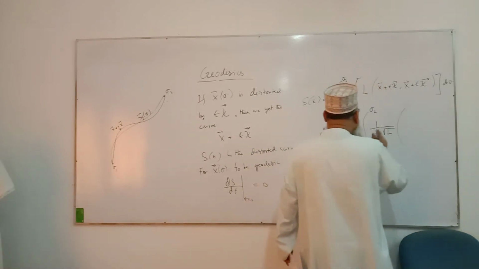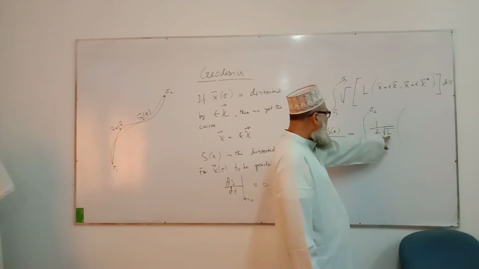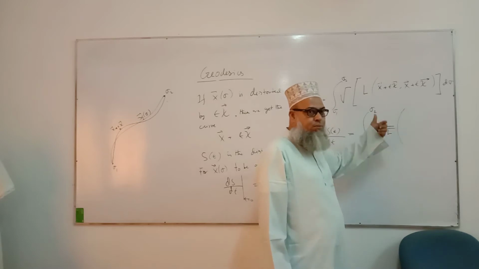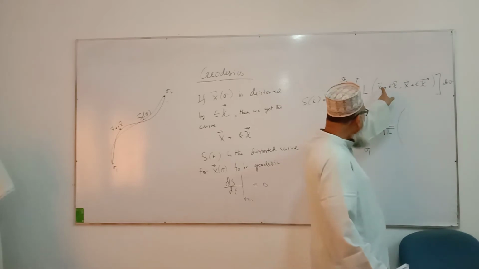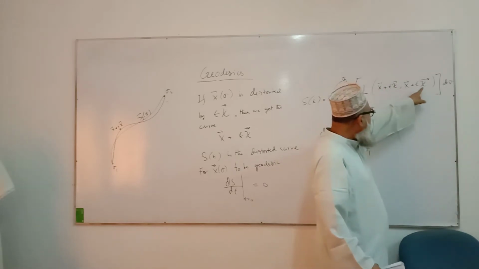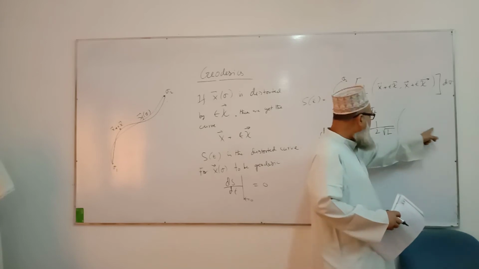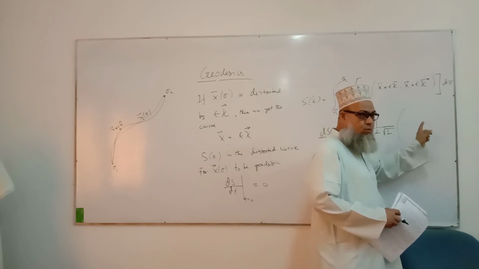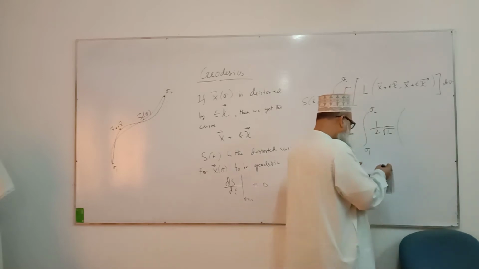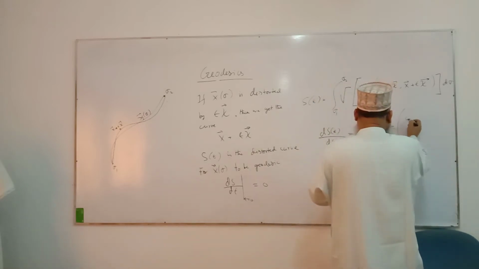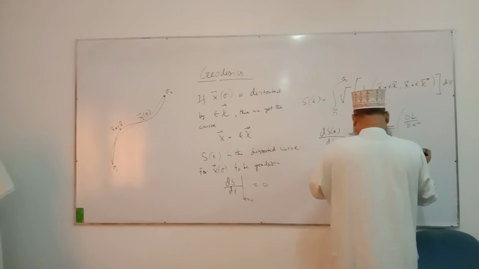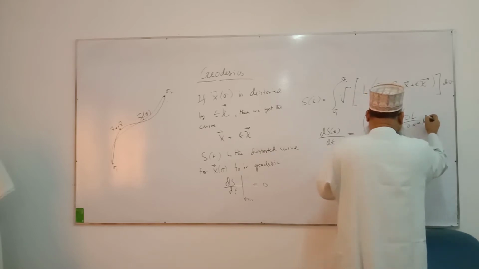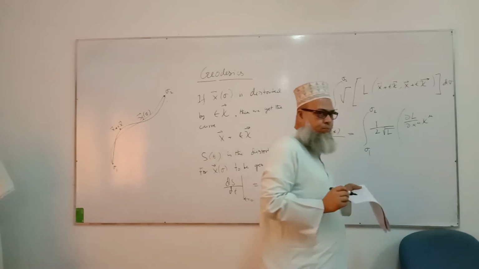Next, you have differentiated with respect to an arbitrary sigma, but L is a function of x dot plus epsilon chi dot, and that should be reflected here. So for this it is del L by del x dot mu, chi dot mu in component form.